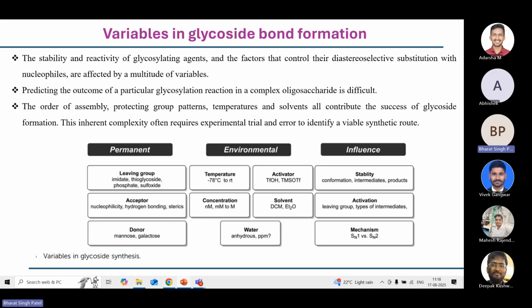There are the leaving group, acceptor and donor, which are permanent; without these there will be no reaction. Then there is the environment of the glycosylation: temperature, activator, concentration, solvent, and how much water can be tolerated so that hemiacetal will not form. These also influence the stability of the intermediate, the protecting groups, the leaving group, and which mechanism the reaction is following.